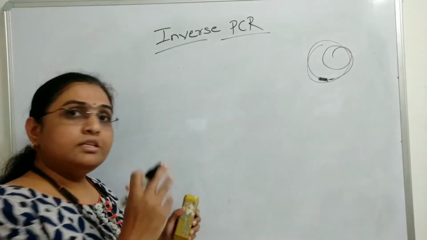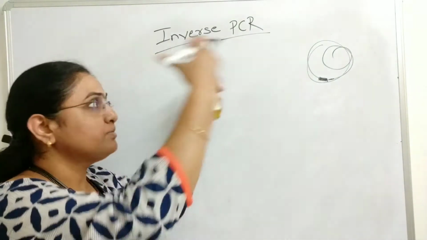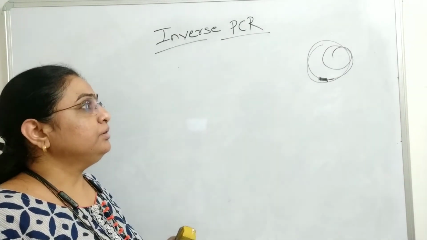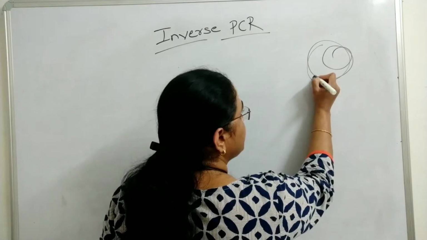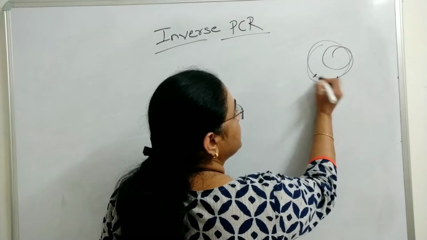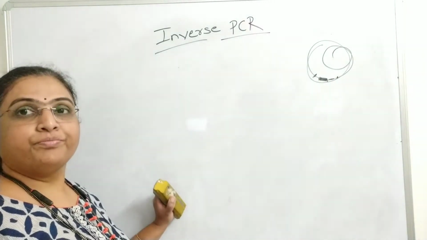But this DNA is present over the genome. So first you have to amplify. No, not amplify. First you have to isolate this part. This part of the DNA, a small piece of the DNA, you have to first isolate.